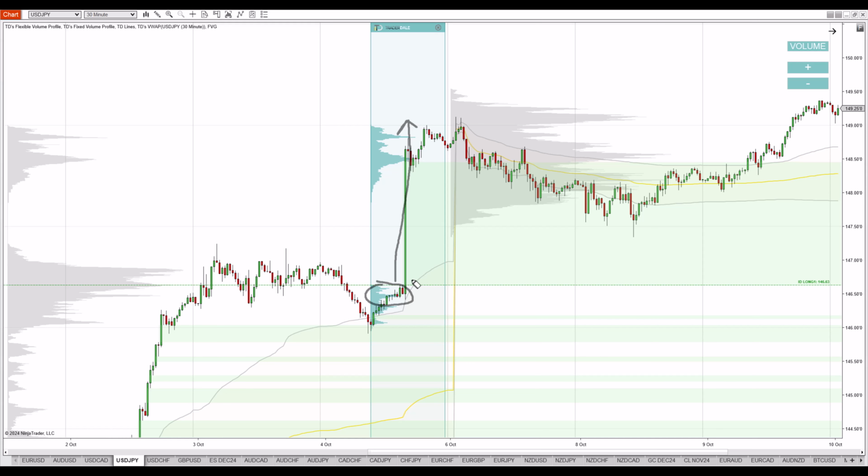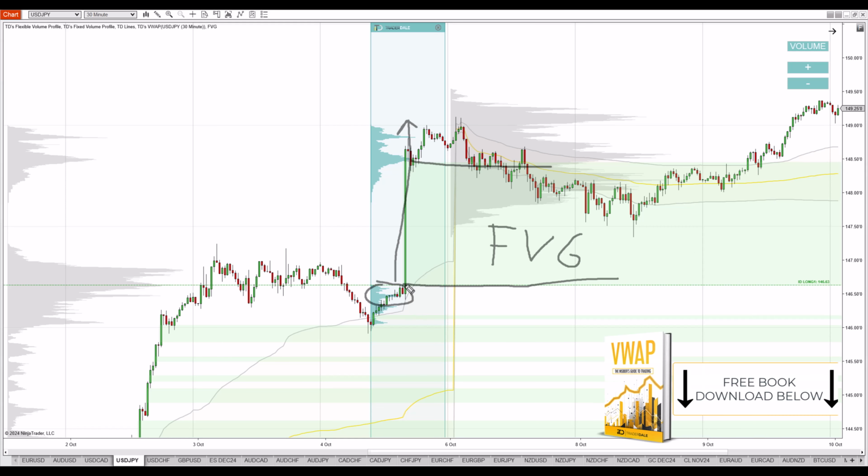Now this is a bit similar to the previous case on the ES, where the volumes are not super heavy here, but in this case we have this huge fair value gap that massively adds strength to that level, right? This whole green zone, that's the fair value gap, and I like to trade from the beginning of the fair value gap, which is here, exactly our level at 146.63.